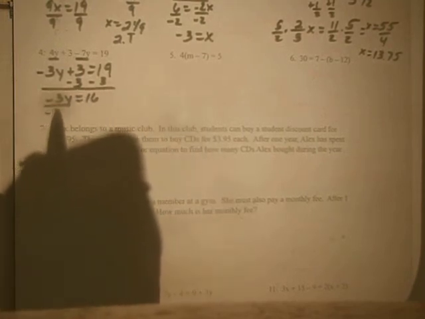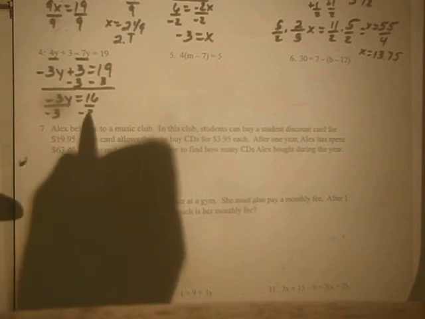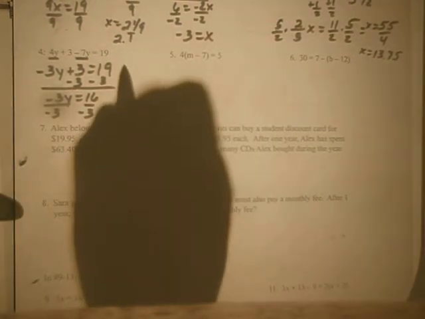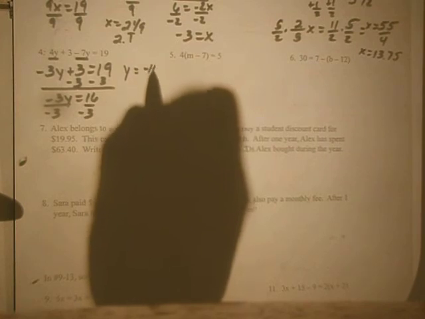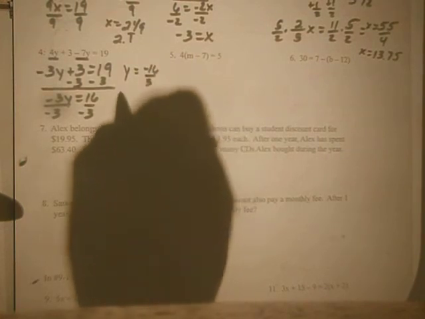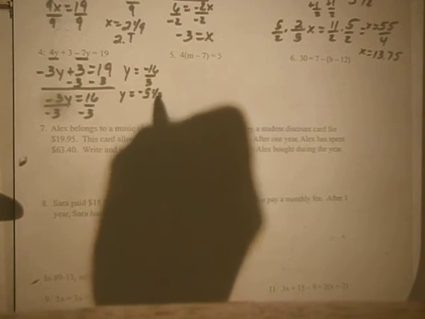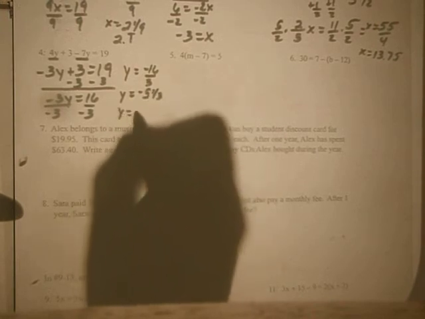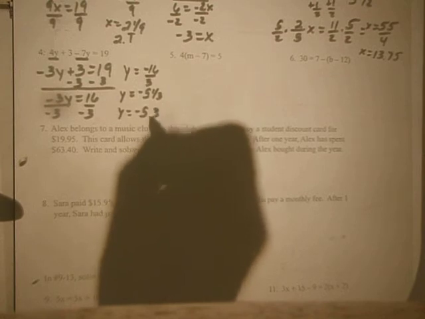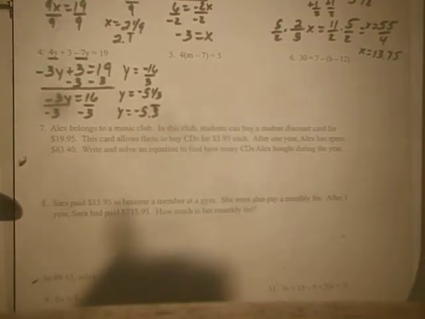From there, you divide both sides by negative 3, and you can leave your answer as a negative 16/3. You can change it to a mixed number, which would be negative 5 1/3, or you can write it as a decimal, negative 5.3 repeating.